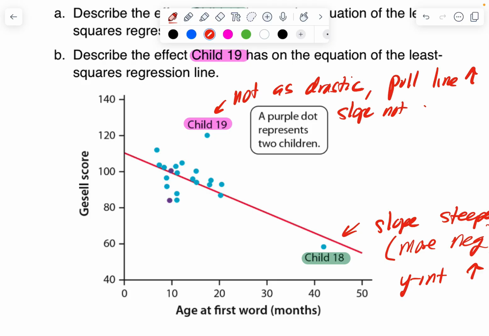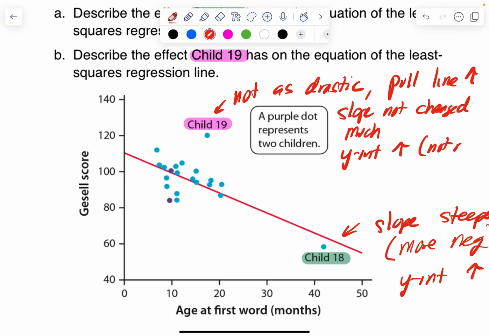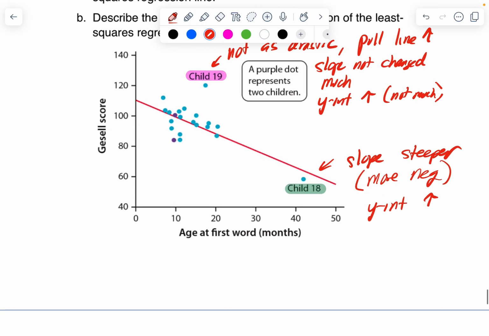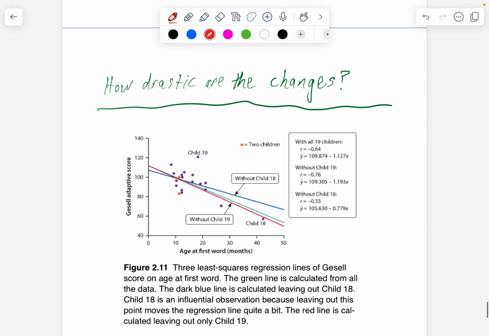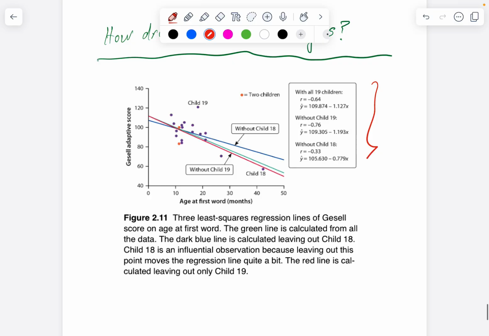The slope is not changed much, and the y-intercept will increase, but probably not much. So child 19 is not as impactful as child 18 in terms of the outlier value. You can read a little bit more about the impact on that slide there. But this has been long enough, so I'm going to go ahead and shut this down.